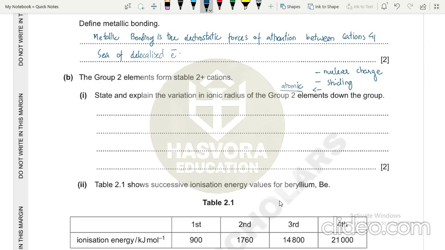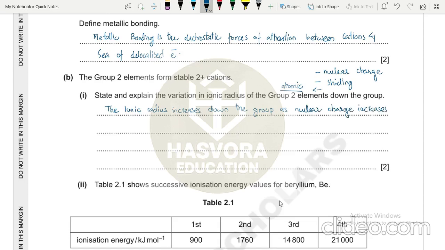So we can write it as: the ionic radius increases down the group as nuclear charge increases.